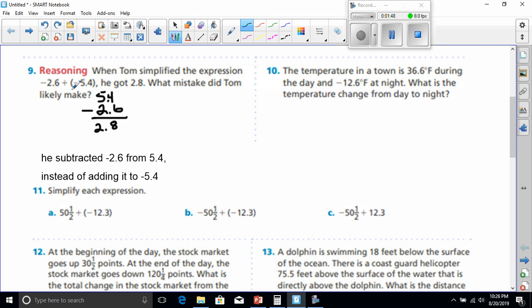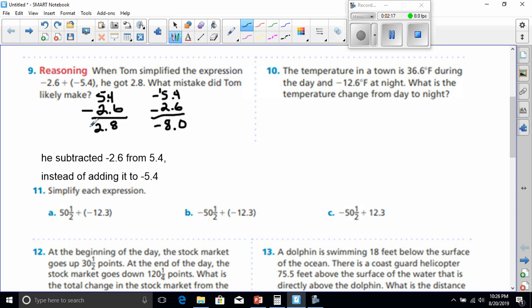And that's what gave him 2.8. What he should have realized is since 5.4 is negative, that he had to go ahead and combine these numbers. So he should have had negative 5.4 combining with negative 2.6, and he would have seen that should have gave him negative 8.